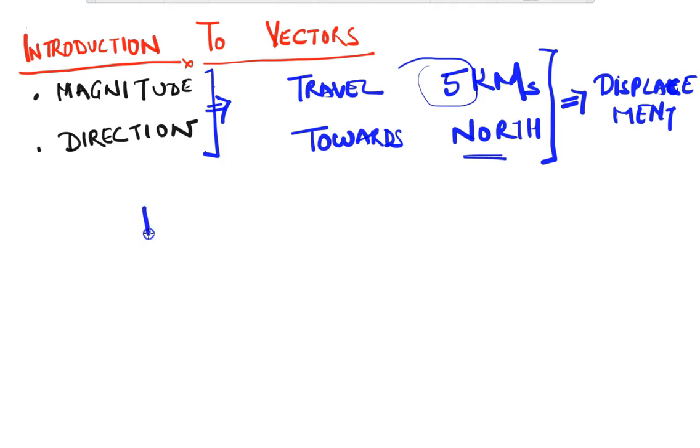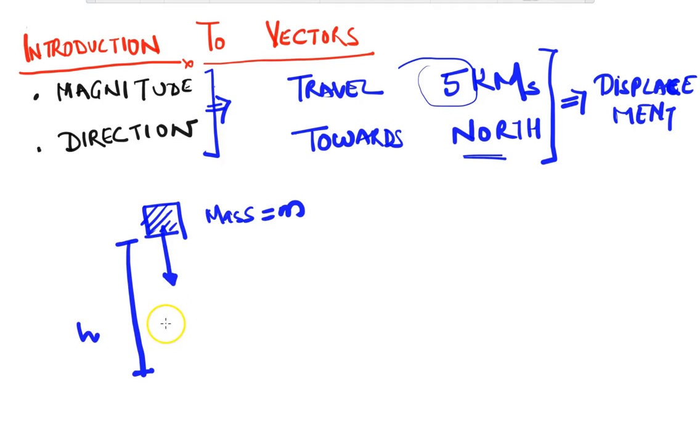Let's take another example. There is a mass equal to m at a certain height h. When you drop this mass from a certain height h, it will always travel downwards. It has been pulled by a gravitational force with acceleration 10 meters per second square.